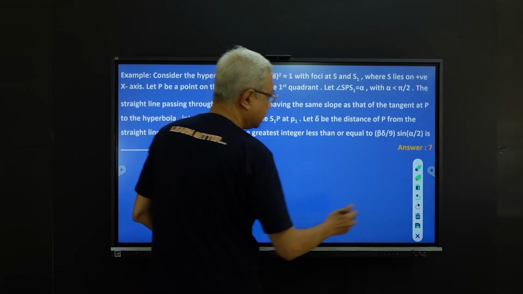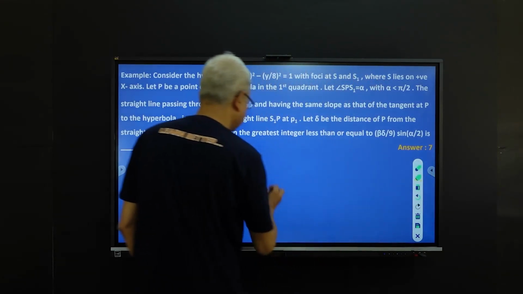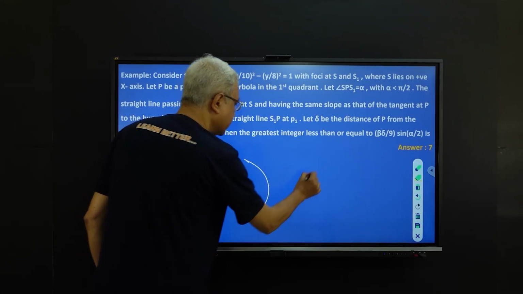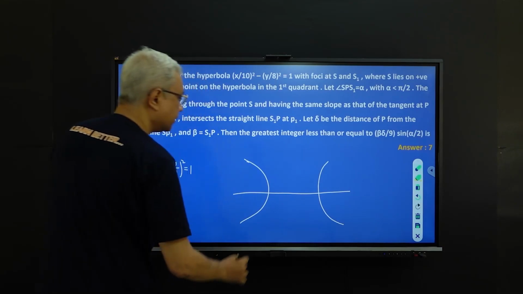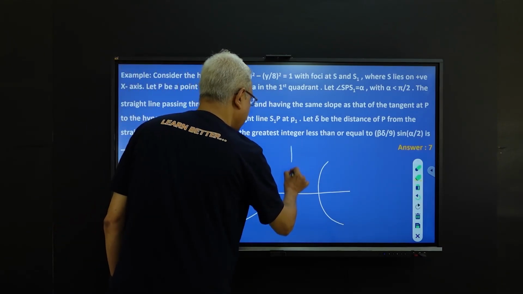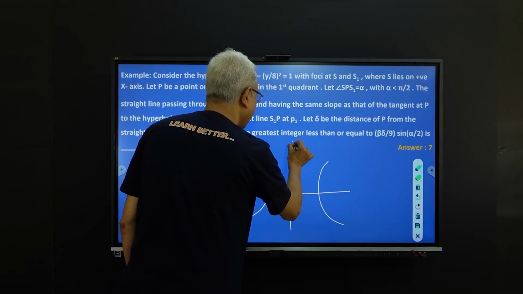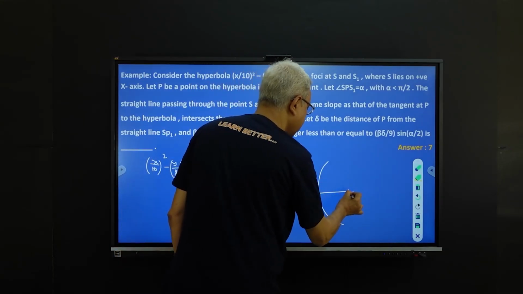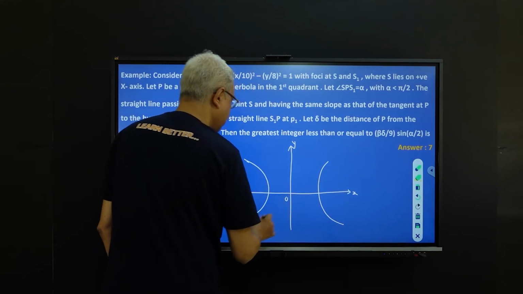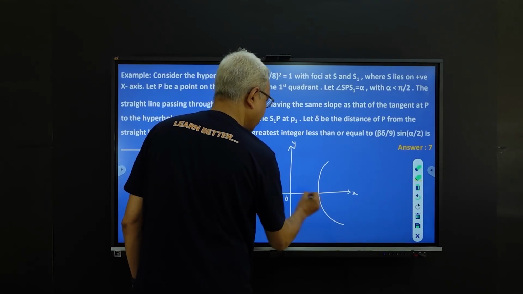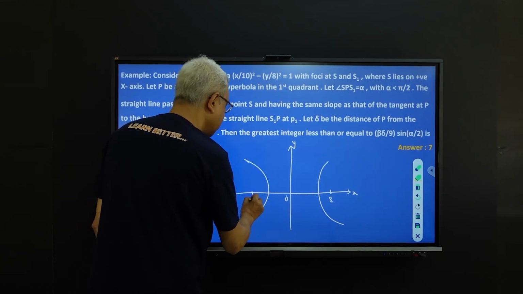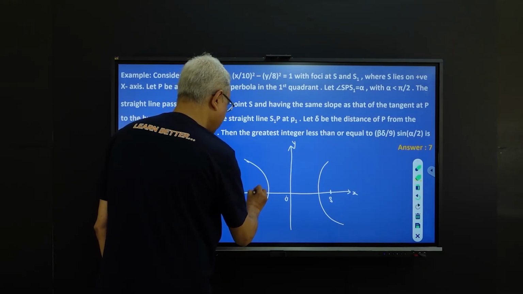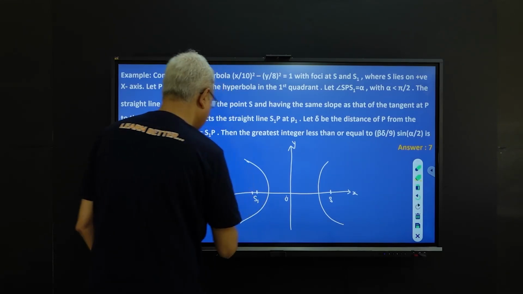So, let me draw it once again. This is the hyperbola. This is the y-axis. This is the x-axis, origin, and this is S. This point is S1.